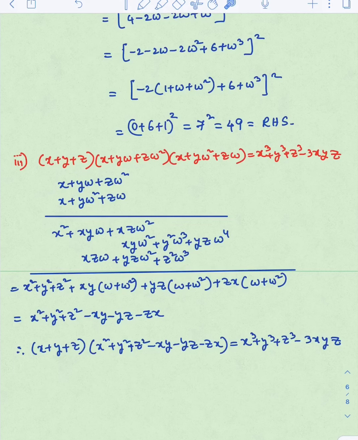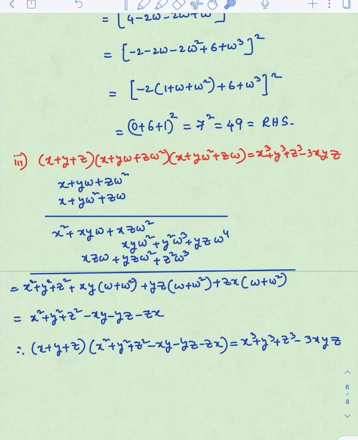With the third also 3 terms will come. They are these. z omega into x, xz omega. These are like terms, omega terms. And these yz omega square, yz omega square. Next z square omega cube term.